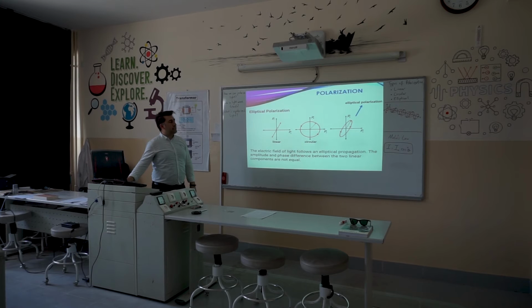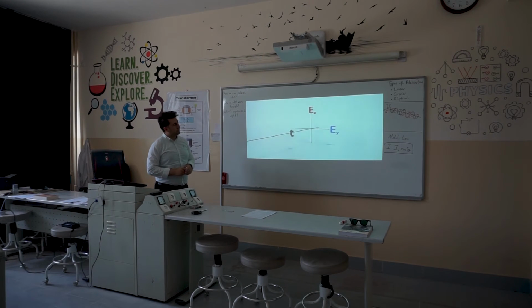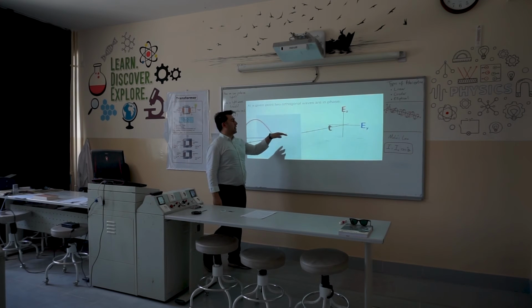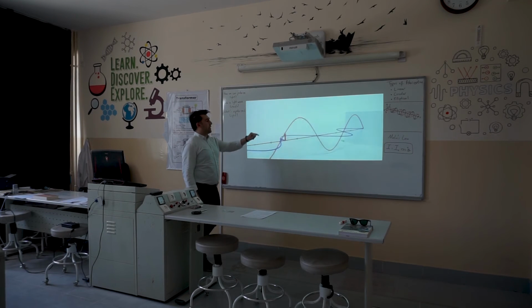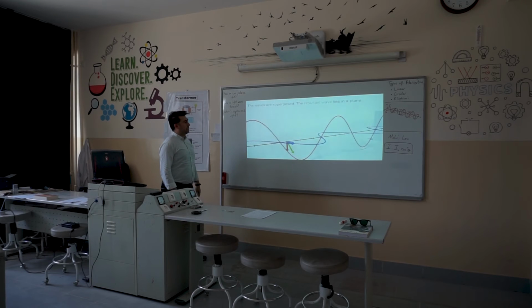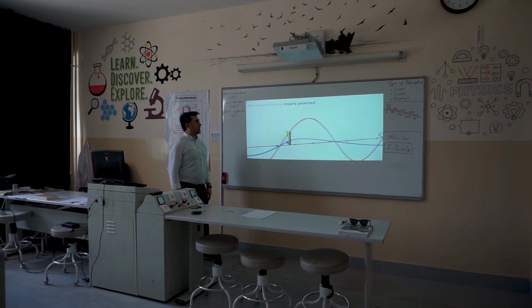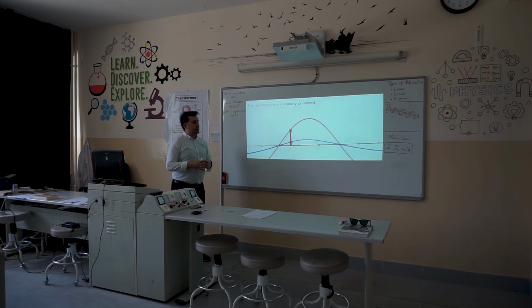Right now there is a very short video I want you to see. This is the time, the propagation axis. We have two waves. The red one is the electric field and the blue one is the magnetic field. As you can see, the green one is the resultant vector. And this becomes linearly polarized because there is no phase shift.